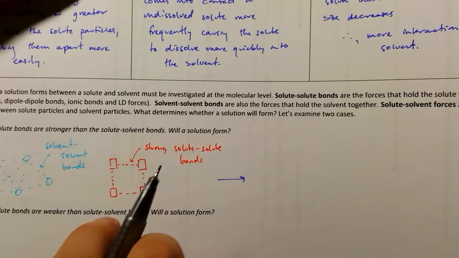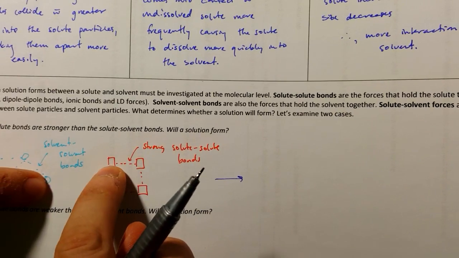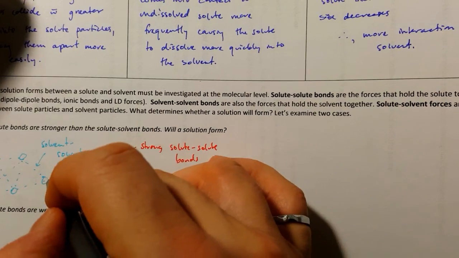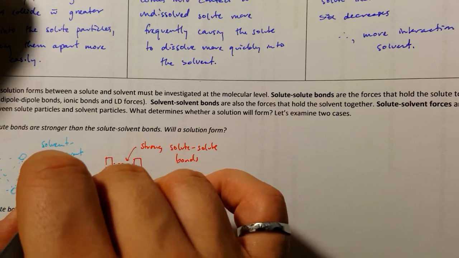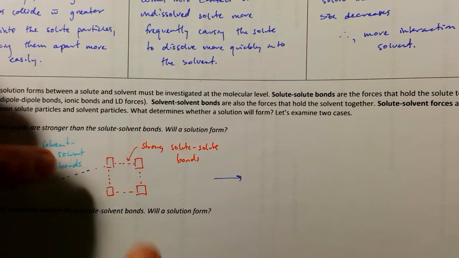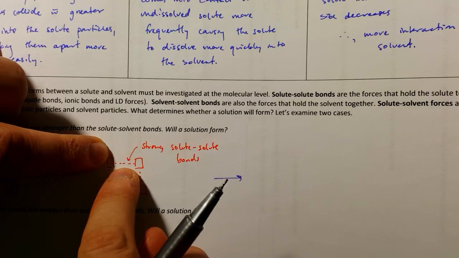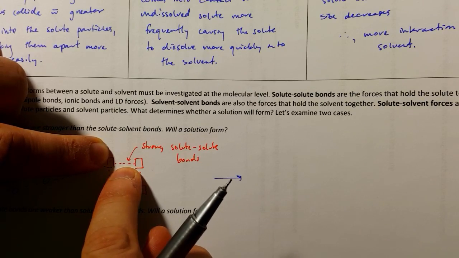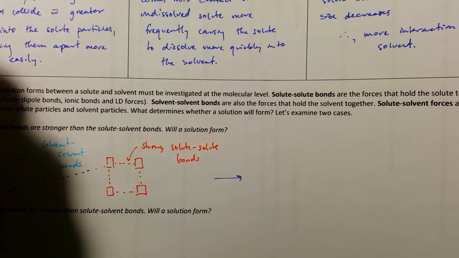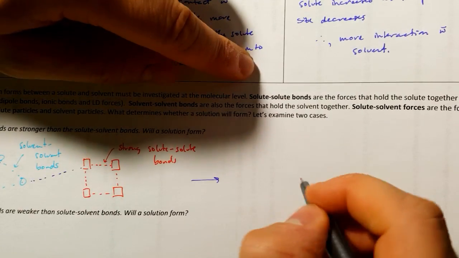Well, if these bonds are stronger than the potential attraction between these two substances, they're just going to try and form that potential attraction. So if these bonds are stronger than these bonds right here, well, the solute will stay intact.